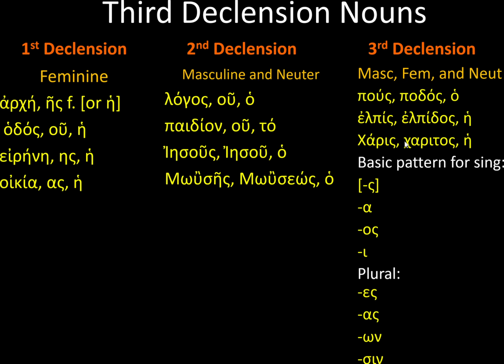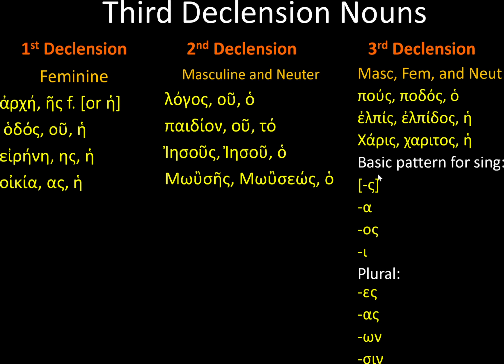It's a masculine word, accusative singular, so the article is ton. The masculine accusative singular of the word pous is poda. Ton, poda. The genitive, tou, podos. And the dative, to, with iota subscript, the foot, to the foot, for the foot, to, podi.